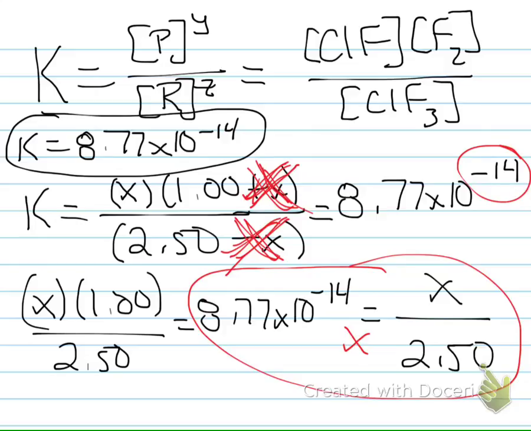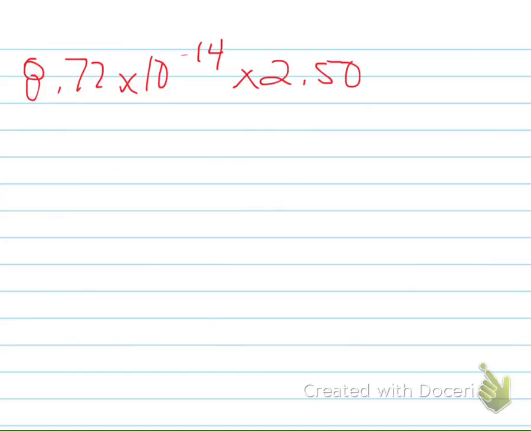I'll go to the next page of the video. So 8.77 times 10 to the negative 14th times 2.50, in the calculator, equals 2.19 times 10, yikes, to the negative 13th.